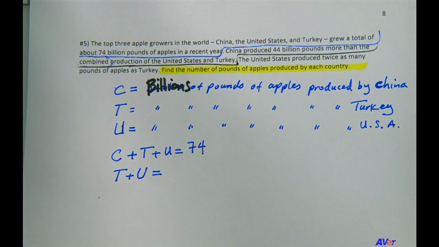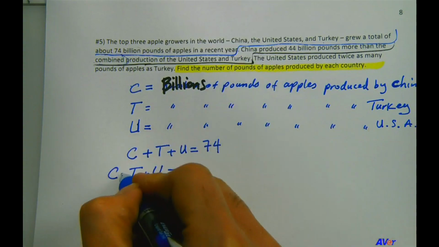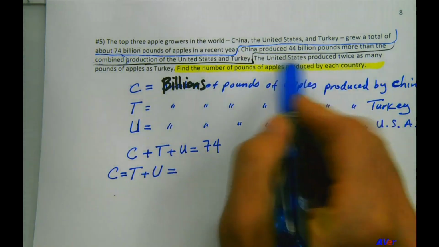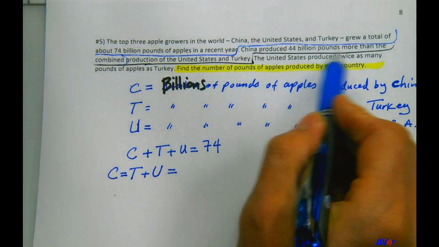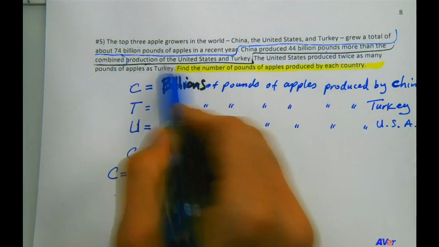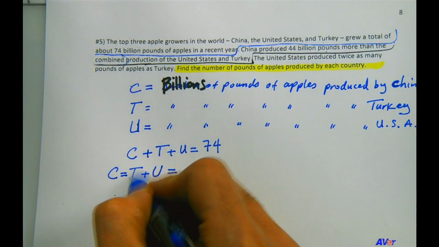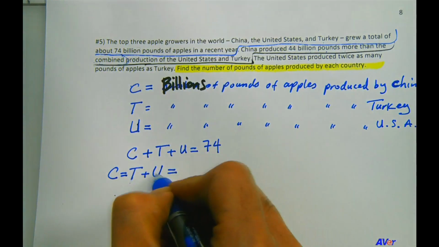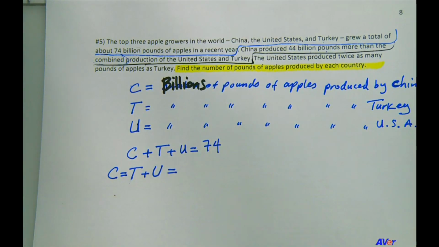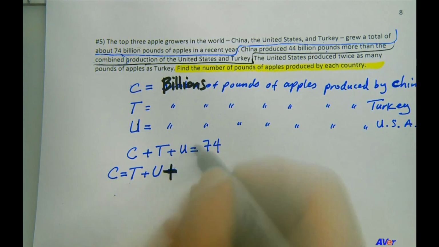So China, let me put that here, produced 44 billion pounds more than the combined production of the United States and Turkey. So the production of Turkey plus United States plus, not equal to, plus 44 billion.